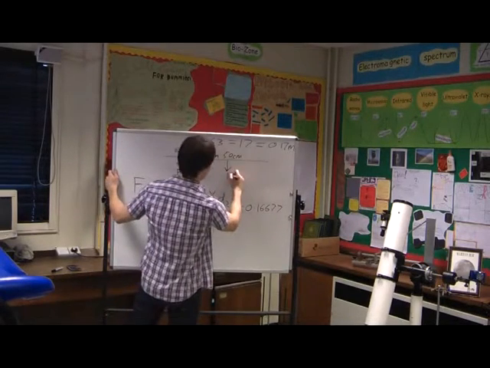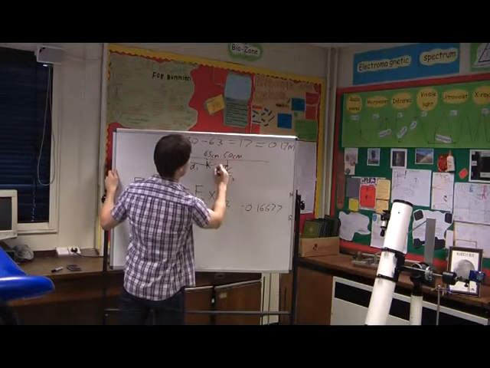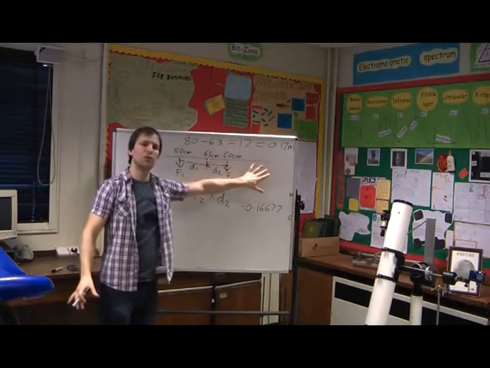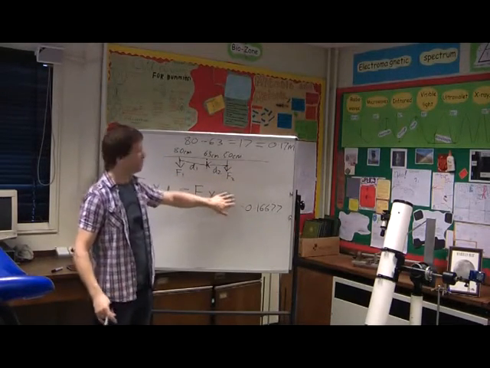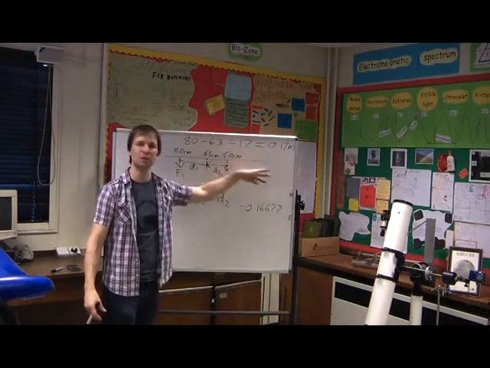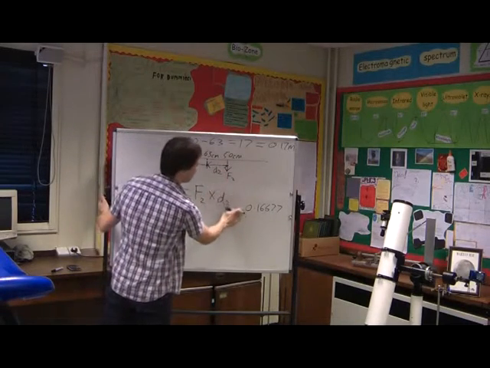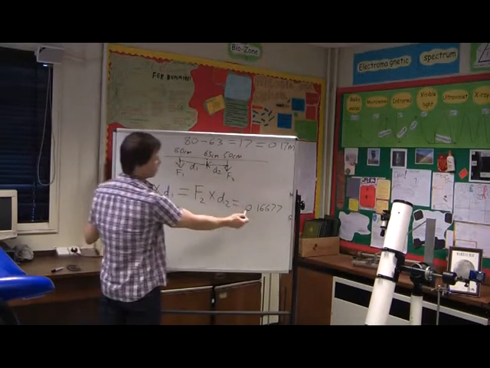This obviously is going to be F2, and this here is going to be D2. If I have any number of forces on this side, I can just extend that: F2 times D2, add F3 times D3, add F4 times D4. Now, we're just focusing on this first of all.